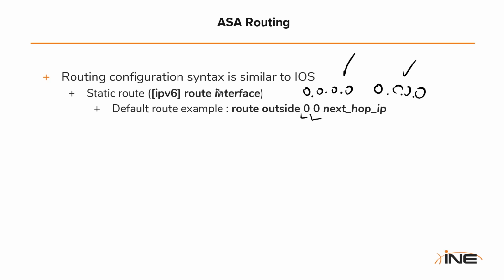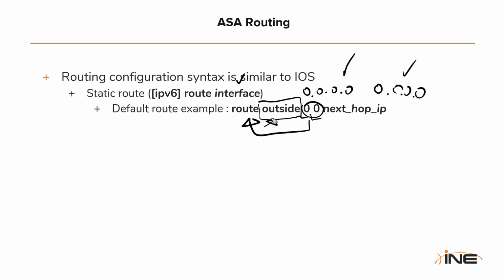Notice that one thing that you don't see on IOS is that you have to tell the ASA what interface a given route should be added through. So with this configuration, when I say route outside 0 0 and then specify a next hop, this is automatically telling the ASA that the default route is associated with my outside interface.